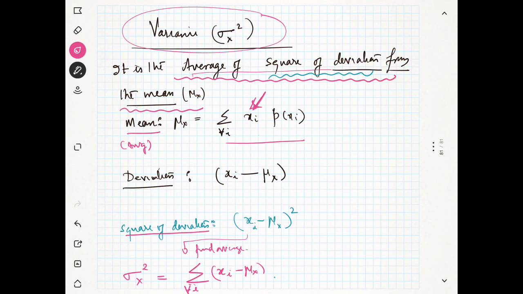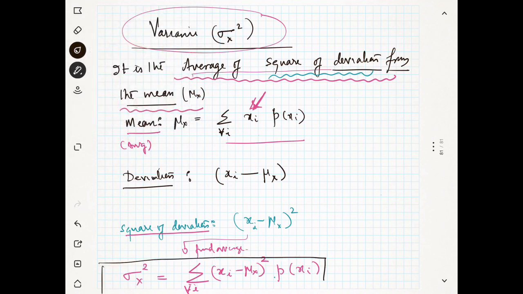So I have to take the square of the deviation, multiply it with the probability of xi, and sum it for all i. So this is known as the variance.